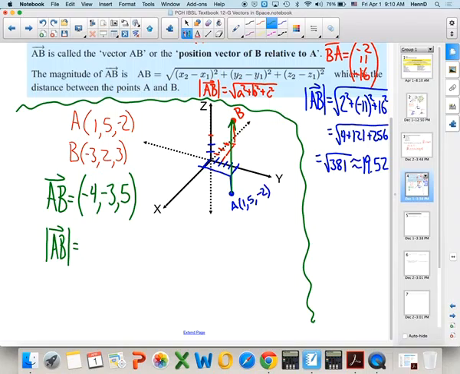Now, if you just look at this without seeing the components, that's really hard to tell what's going on. You got to be able to see the coordinates here. The coordinates of B: -3, 2, and 3. And when you look at the vector, it's even more clear what exactly is going on.